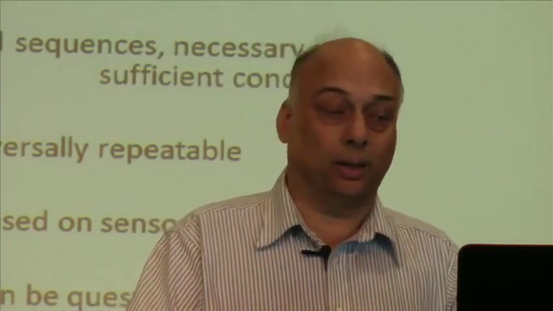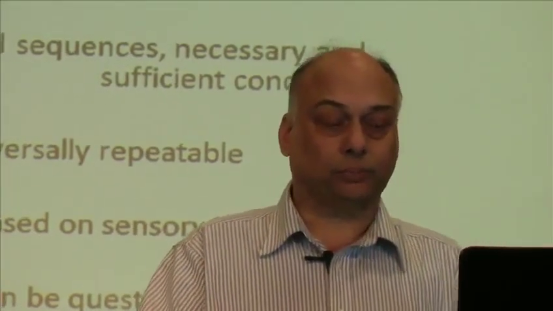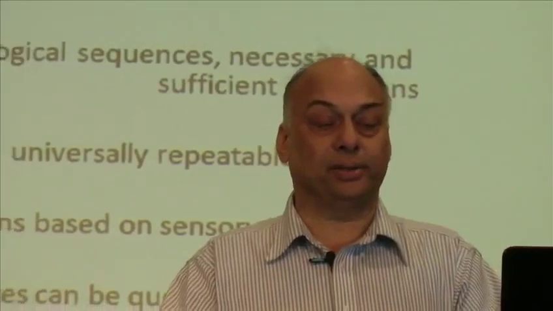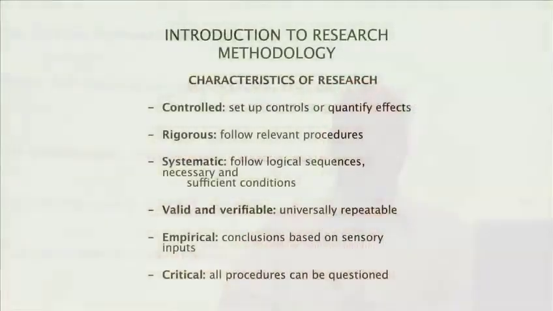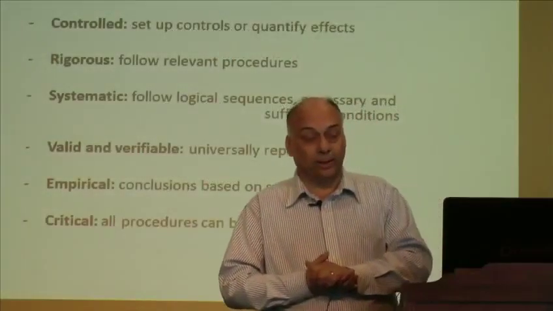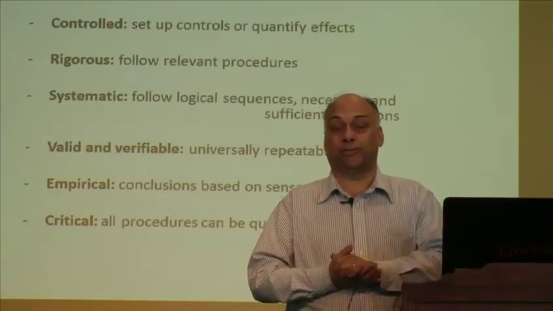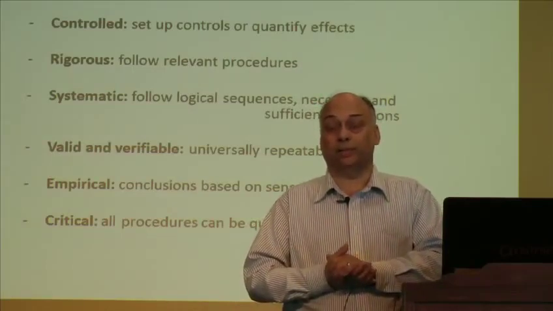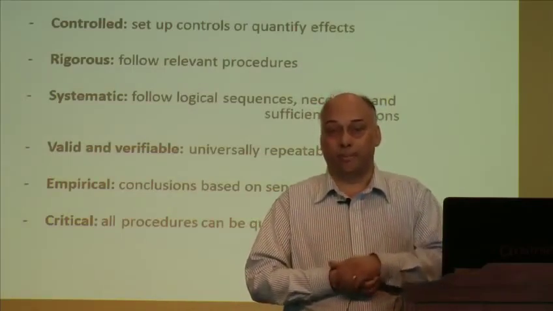The second characteristic is all research is rigorous. Rigor means that research follows relevant procedures. The procedures are set up beforehand, and these procedures are followed in an extremely strict manner.